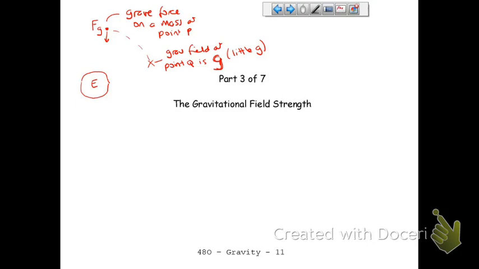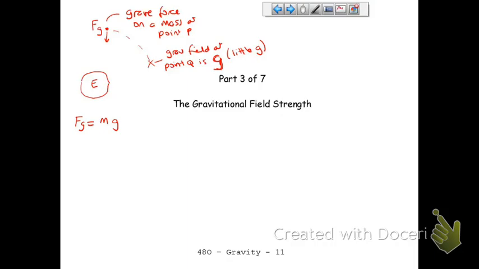It's useful to figure out what the different gravitational field strengths are, because you can always find that Fg is equal to m times little g. You've done that before, haven't you? You've said weight is equal to mg. What you were really saying was the gravitational force is equal to the mass of the thing that you're interested in times the gravitational field strength at that point.